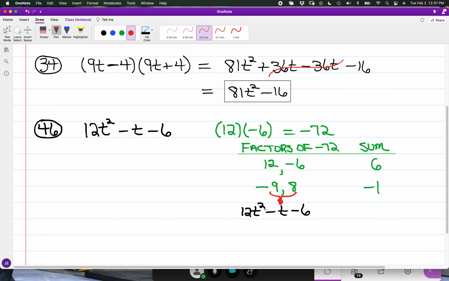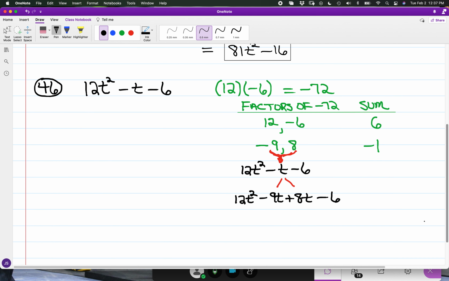Branching out, we have 12t squared minus 9 times t, followed by plus 8 times t minus 6. And so we have setting the stage for grouping.